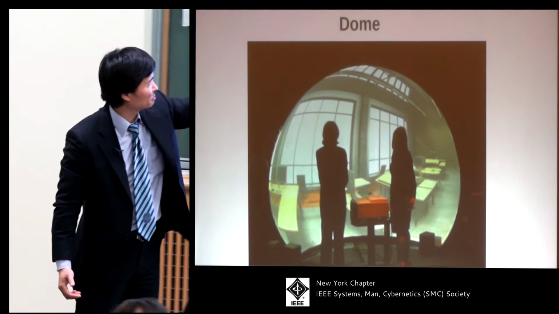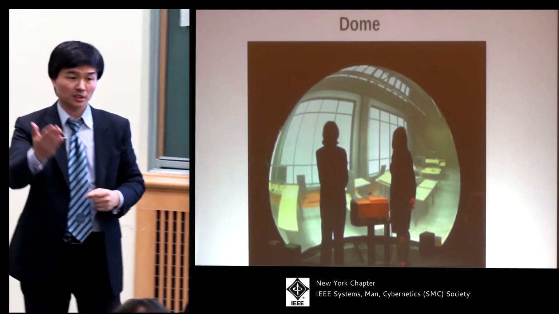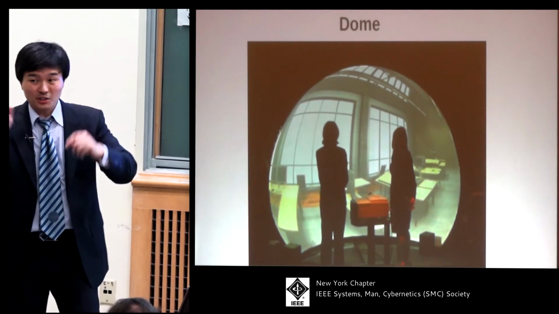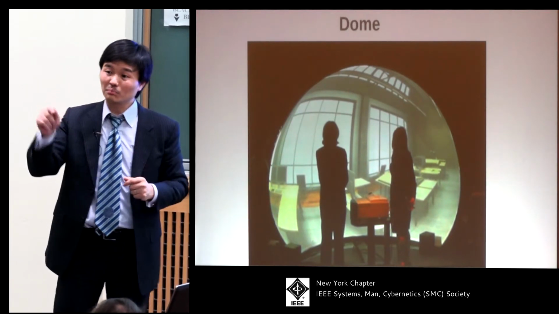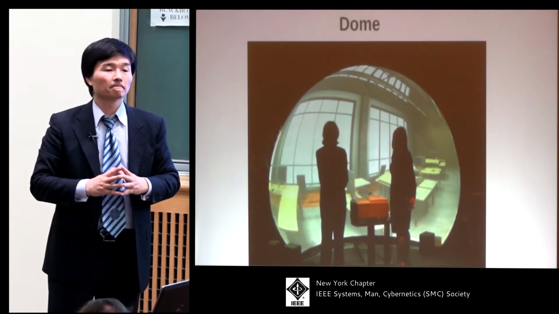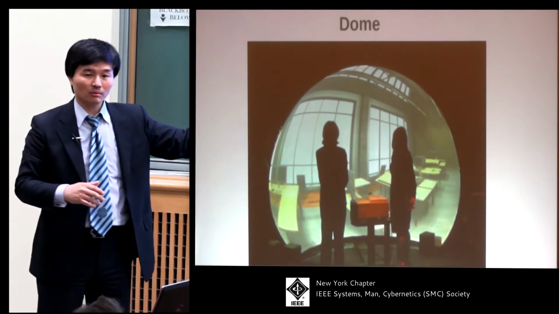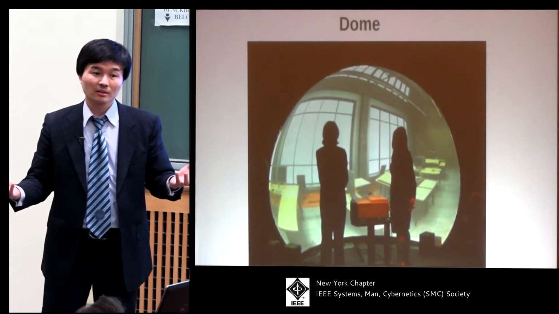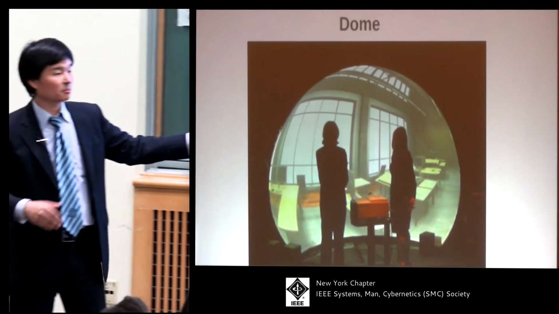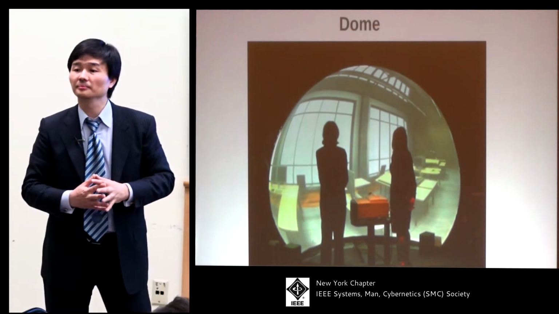The drawback of using a goggle is that whoever's wearing it is the only person that can see the environment. With the dome, when you're doing collaboration, multiple people can be at this system and interact with it.